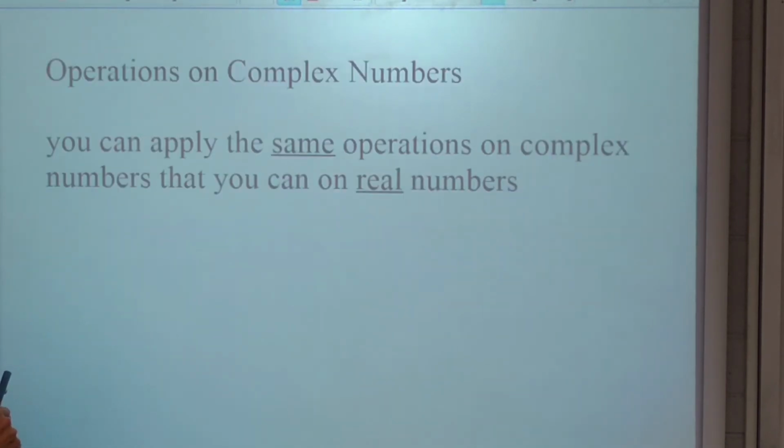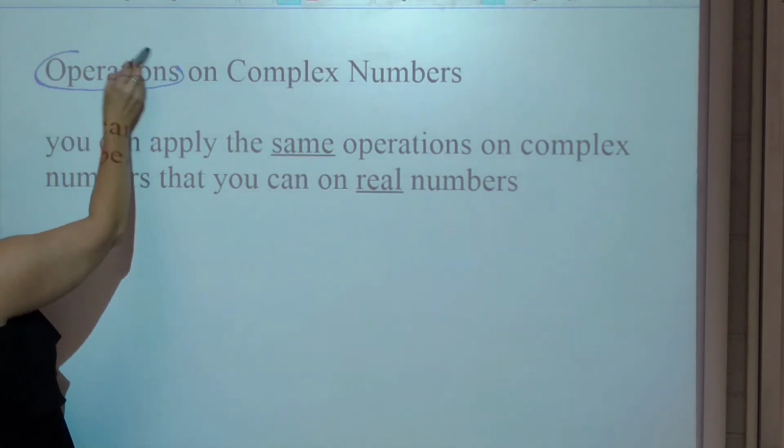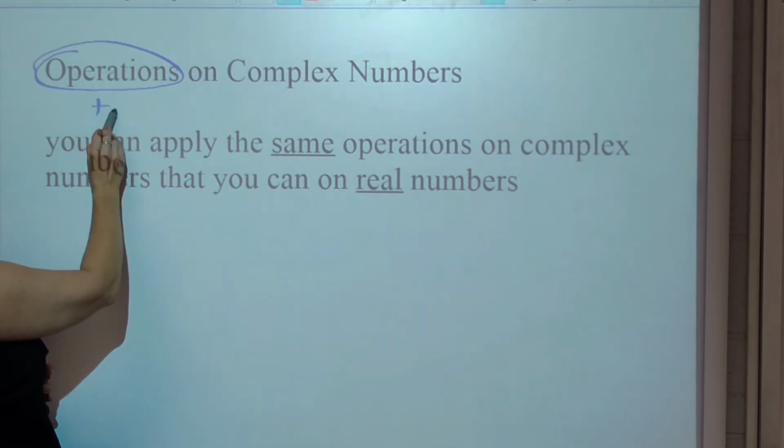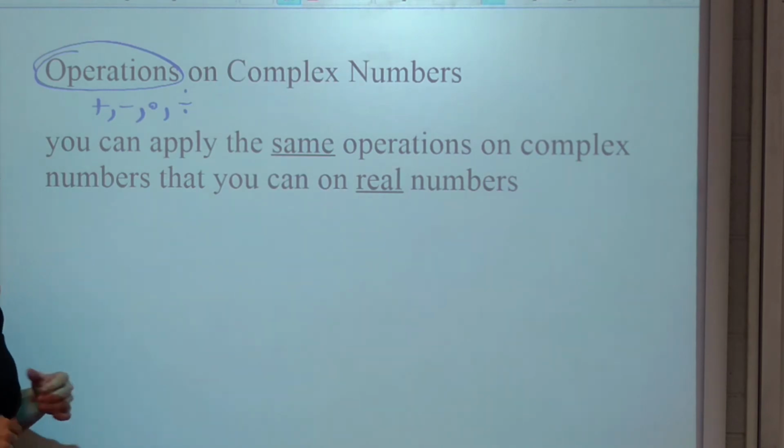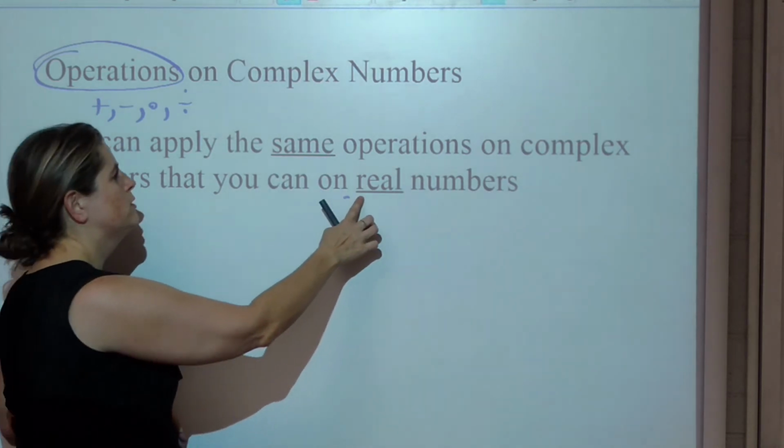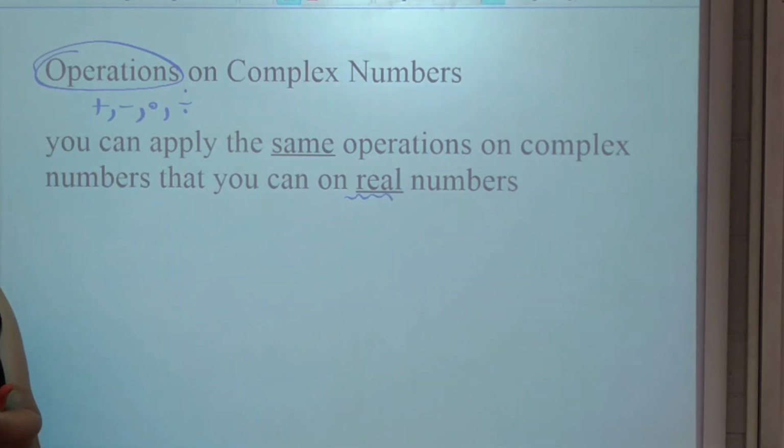If you would go on to the above C, we're going to talk about different operations with complex numbers. And by operations, what we're talking about is adding, subtracting, multiplying, and dividing. And you can apply the same operations on complex numbers that you can on real numbers. So the things you know how to do, adding numbers, you do that with complex numbers as well.